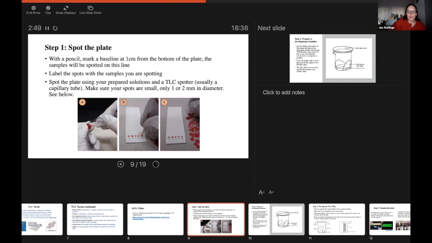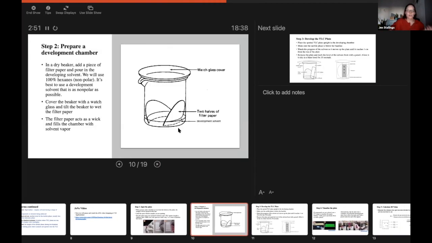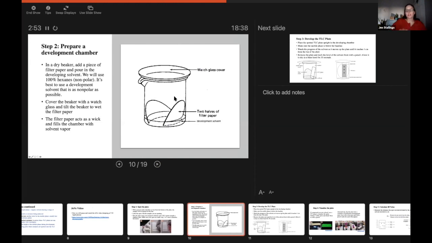Okay, you're preparing the chamber. Another thing that they did in the video, they put the filter paper on the bottom of the beaker, which I've never done before. I usually stand it up on the sides. So when you're preparing your chamber, these are the things you need. You need your beaker and the watch glass, so you can control the evaporation of your development solvent.